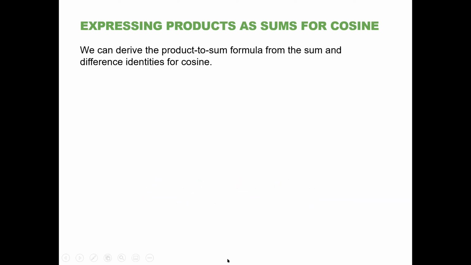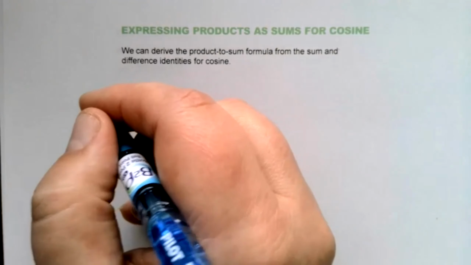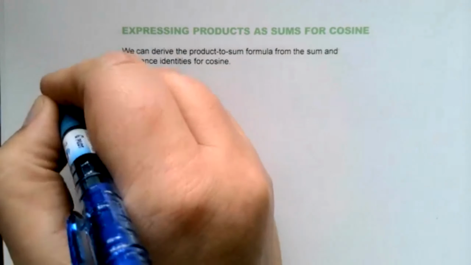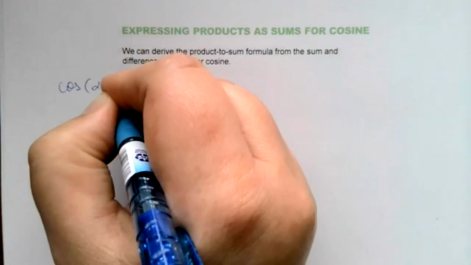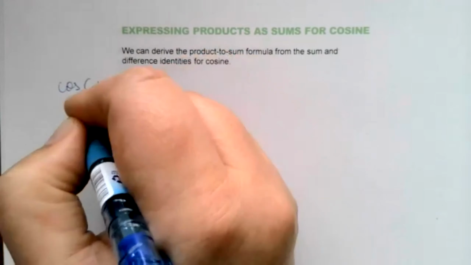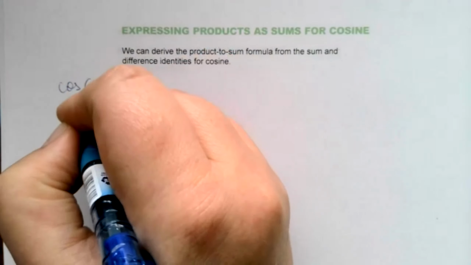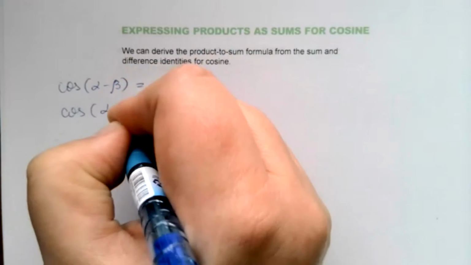All right, and we're going to begin with expressing products as sums for cosine. Let's get to it. We're going to derive the formula. What we're going to do is start with just writing the cosine of alpha minus beta formula and the cosine of alpha plus beta.